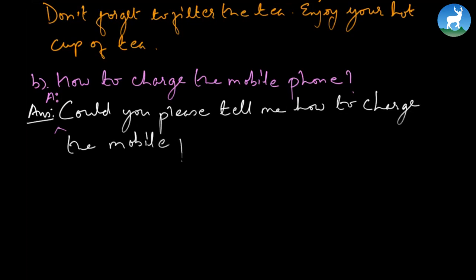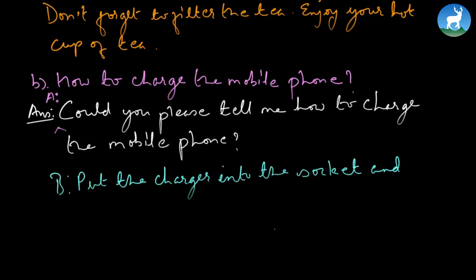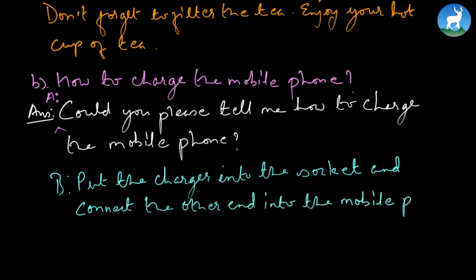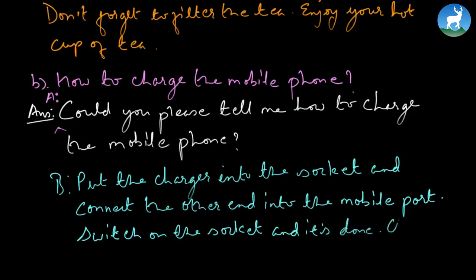the mobile phone? To which another person replies, put the charger into the socket and connect the other end into the mobile port. Switch on the socket and it's done. Of course, you have to check it.